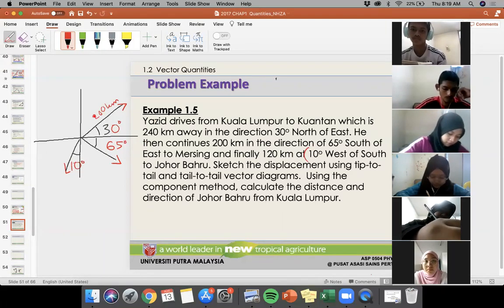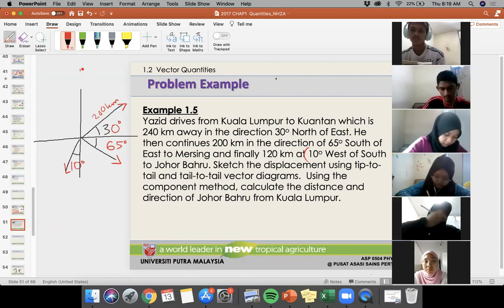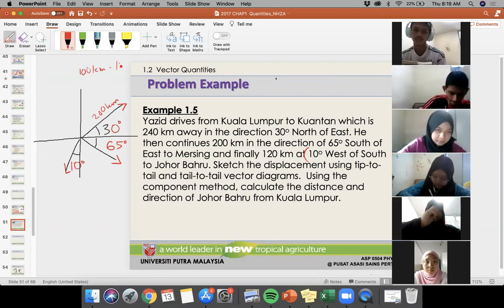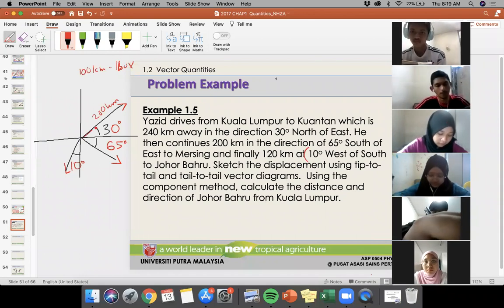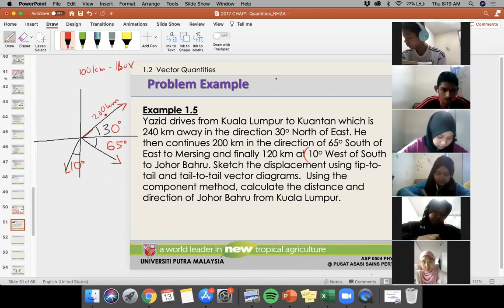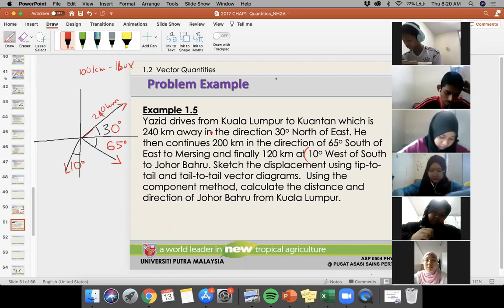For example, 100 kilometers is one box. If you are using graph paper, 100 kilometers is one box. So you need to draw two boxes, right? So follow the scale. And if this one is 200 and this one is 120, no, this is 240. Sorry, I made a mistake. 240 and then 200 and 120.